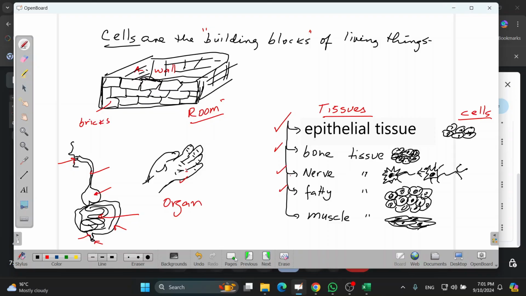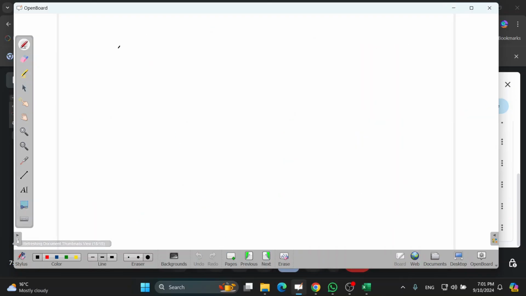This is what we call levels of organization. Levels of organization in living things.